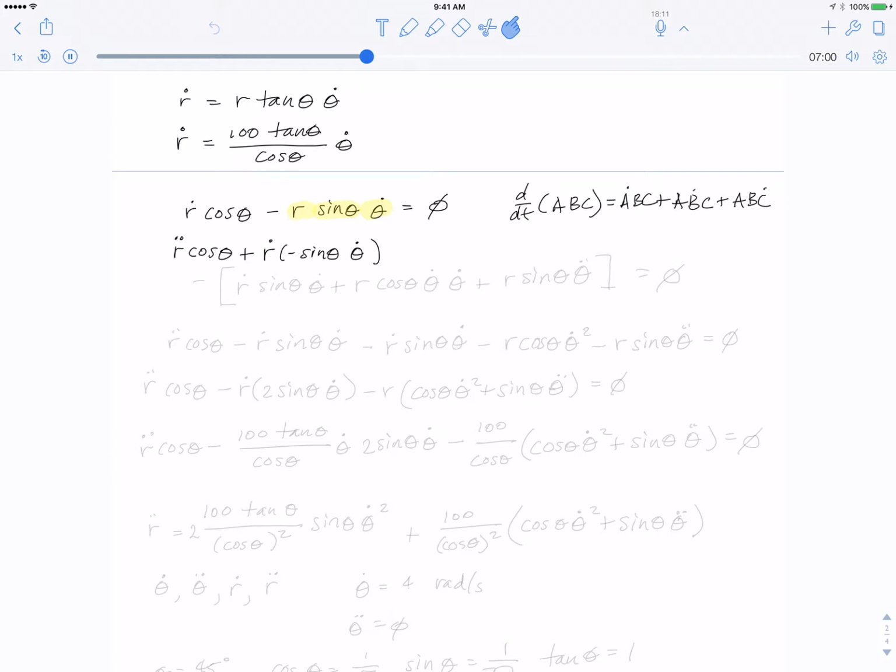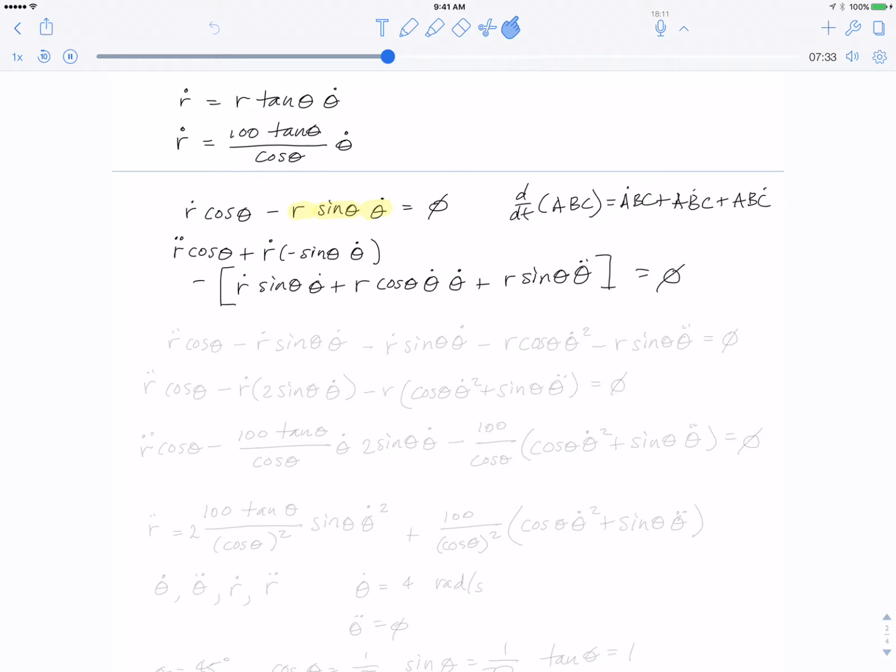So it's minus the whole thing, so r dot sine theta theta dot, plus r, derivative of sine theta is cos theta, and by the chain rule throw in another theta dot, times theta dot, plus r sine theta theta double dot, and that all equals 0.